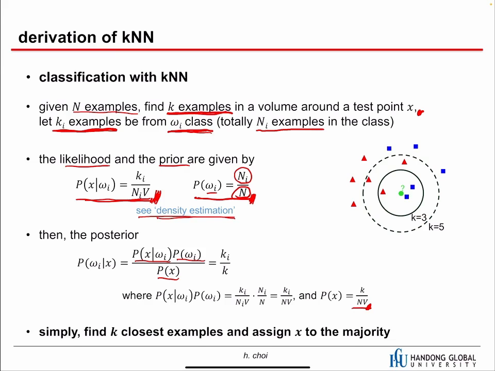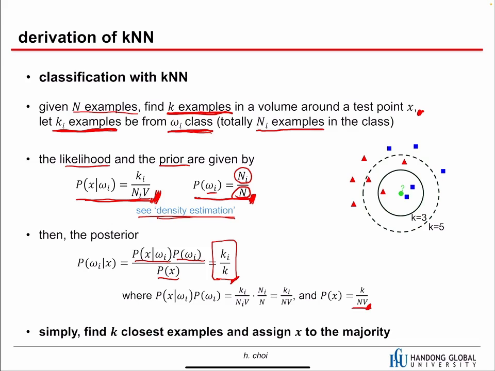So just multiply all of them, and now finally we have this equation. This derivation looks a little complicated, but the result is quite simple.